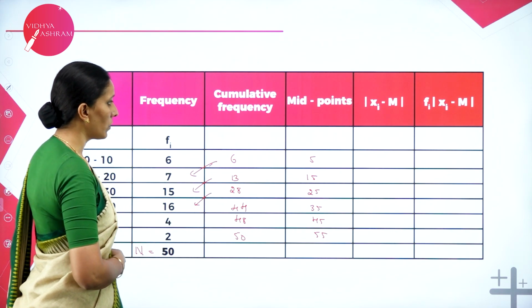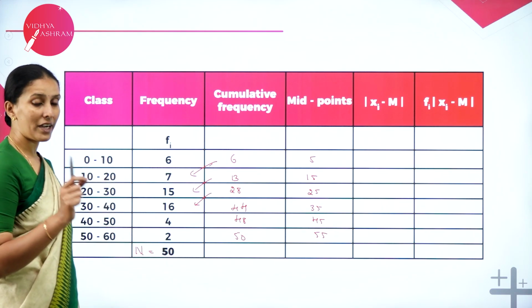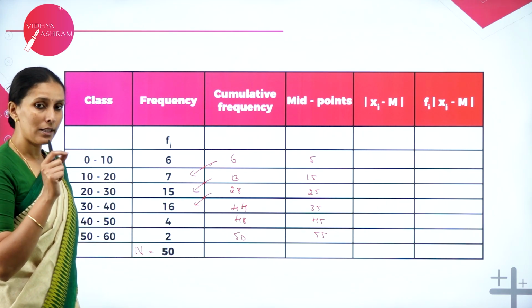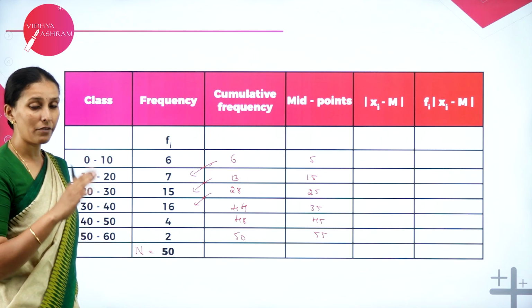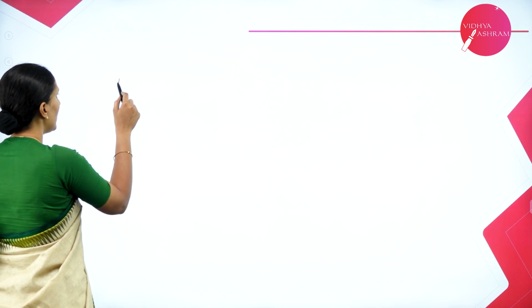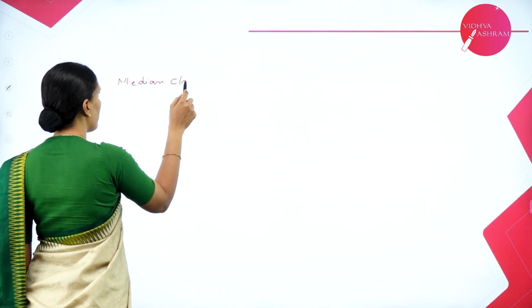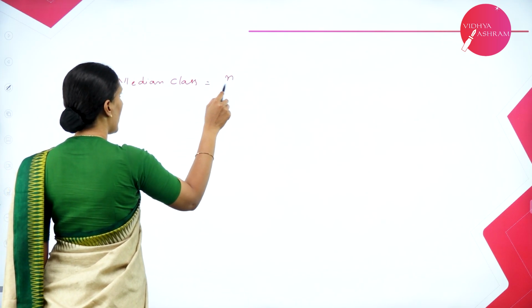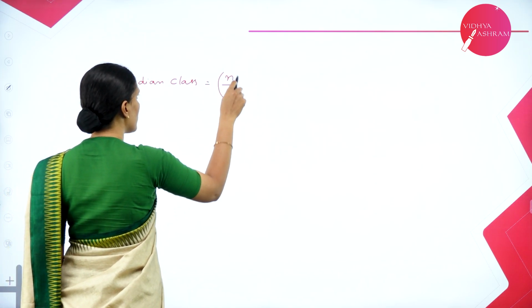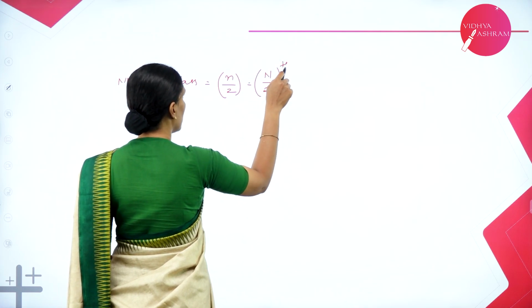Then we need to find out the median class here. So to find the median class, so here we are not finding the median value or the term which contains the median, we are finding the median class. Now how to find out the median class? Median class is always given by n by 2, or here instead of small n also we can use capital N by 2 observation.